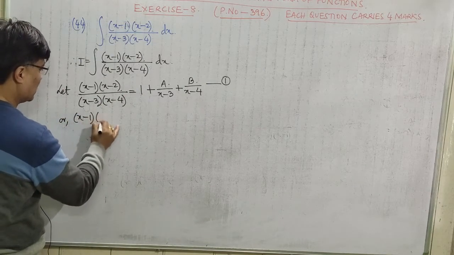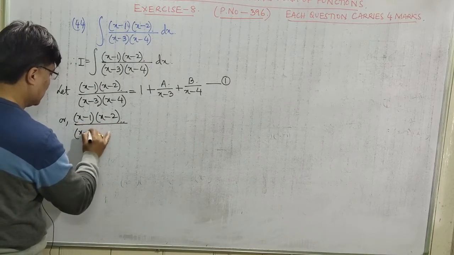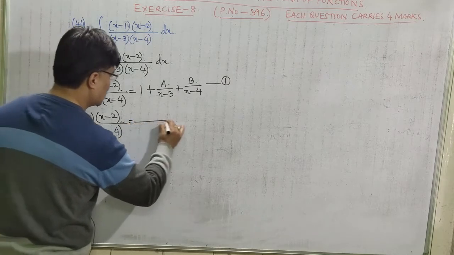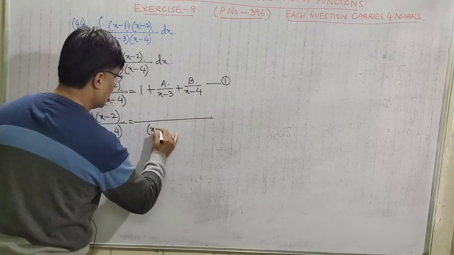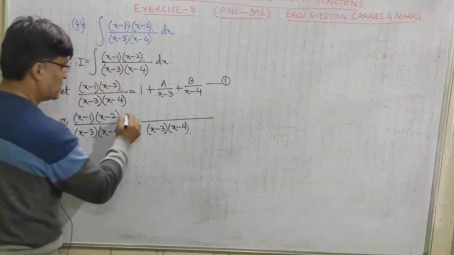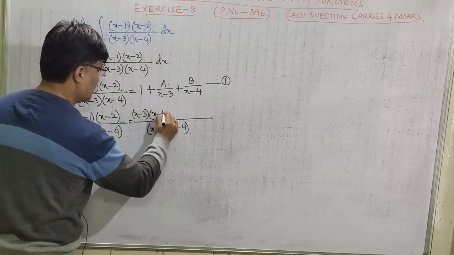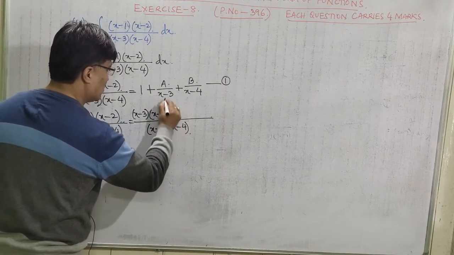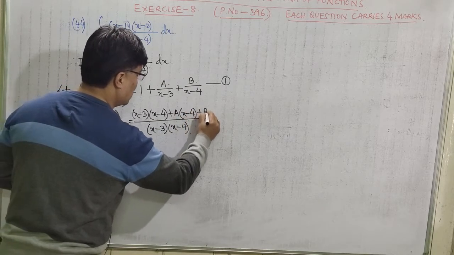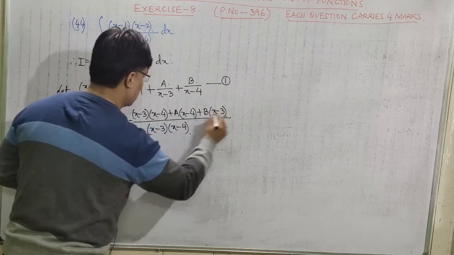So (x minus 1)(x minus 2) divided by (x minus 3)(x minus 4) is equal to, what's the LCM? The LCM here is (x minus 3)(x minus 4), right? So the numerator now becomes (x minus 3)(x minus 4) plus a into (x minus 3) cancels, you will have (x minus 4), plus b into (x minus 4) cancels, so it is (x minus 3).